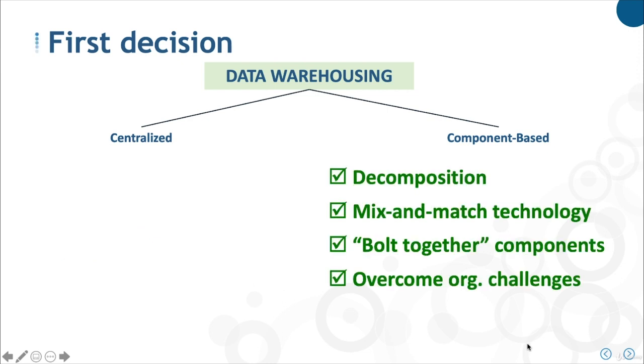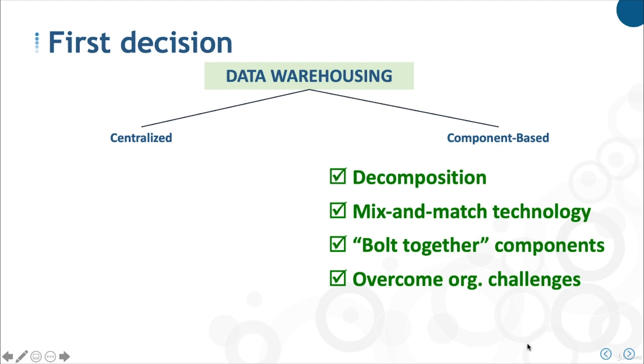At the same time, on the flip side of that decision, we have component-based approaches where if you divide up your data into multiple components, decomposition sometimes does give you a lot of benefits in terms of isolating portions of the environment away from changes in other portions. You can, if it's desirable, use mix and match technology.